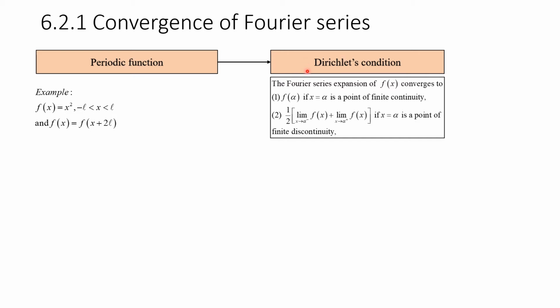where the Fourier series of f(x) converges to f(alpha) if x equals alpha is a point of continuity.